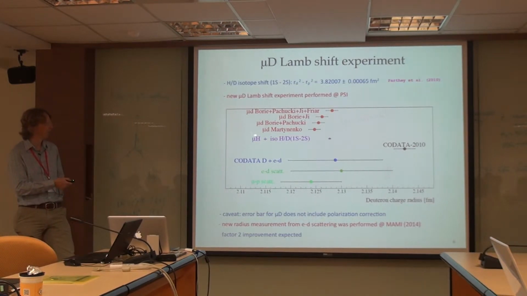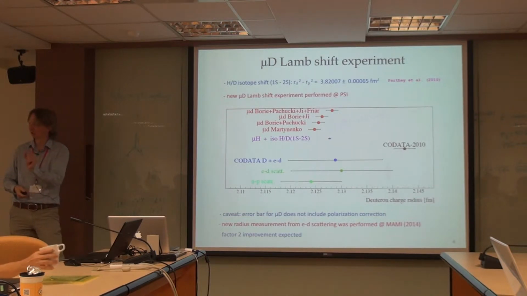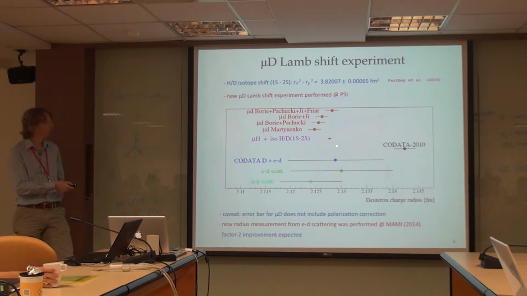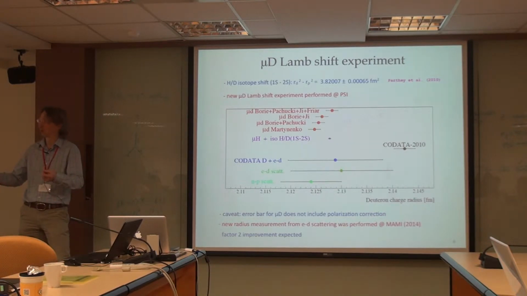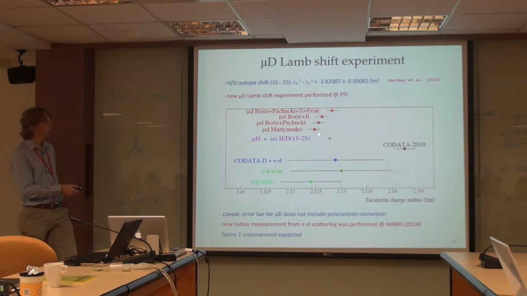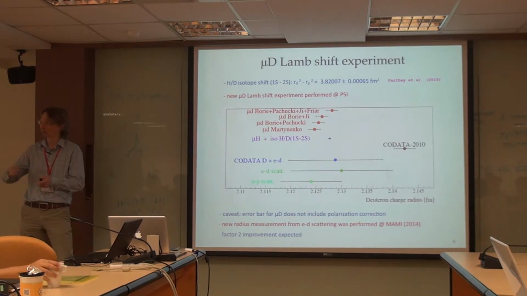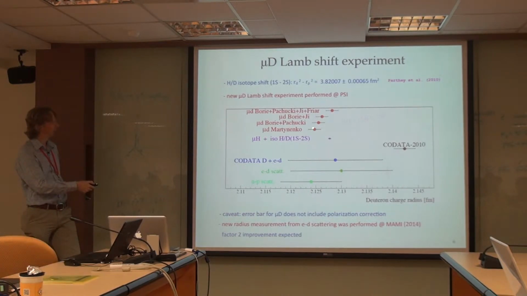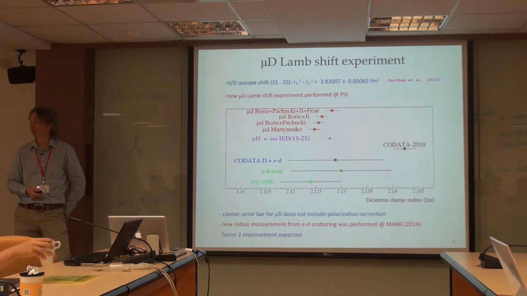If you stick in the muonic hydrogen value for the proton, you get that number, which has a much smaller error. So this difference is just the reflection of the puzzle on the proton. It has nothing to do with the deuteron. And then you would like to see, if you do the direct measurement on the deuteron with muonic deuterium, whether this point lines up here or here.